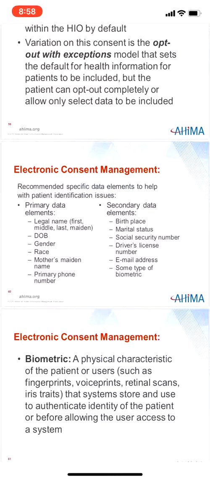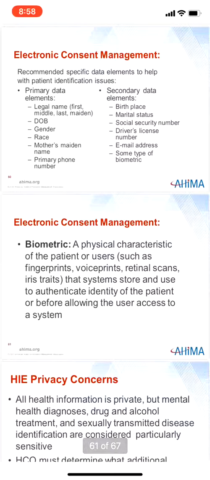Secondary data elements include their birthplace, marital status, social security number, driver's license number, email address, and some type of biometric. And we know that a biometric is a physical characteristic of the patient or users, such as fingerprints, voice prints, retinal scans, or iris traits, that systems store and use to authenticate identity of the patient before allowing the user to access a system.